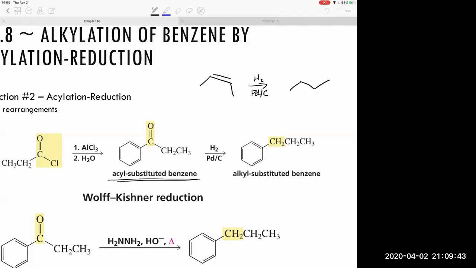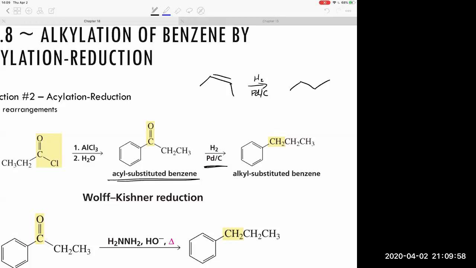Right, so notice here, hydrogen gas and our palladium catalyst does successfully reduce the carbonyl group. It does not reduce the benzene ring itself. We'll see in a second how we can reduce the benzene ring if that's what we want.